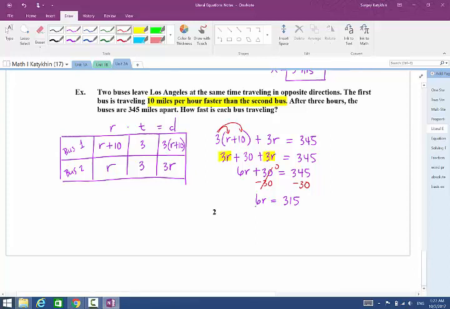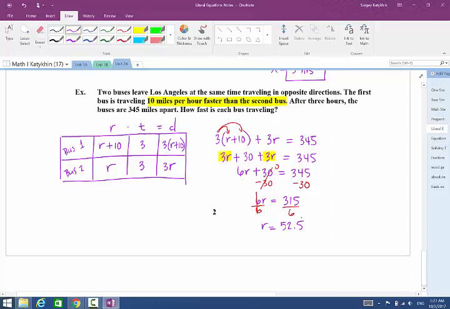So divide that by 6, divide that by 6, and we get R. Since 6 does not go evenly, we would actually get 52.5. In other words, 52.5.